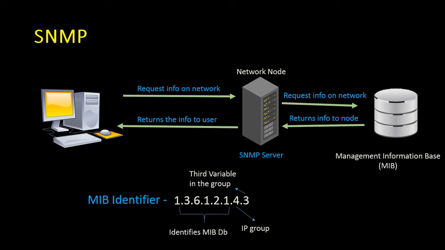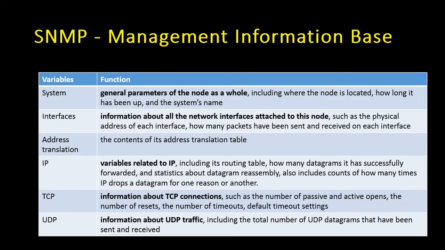Let's see what the various variables stored within the MIB database are. One is system information, which is general information about the node as a whole.